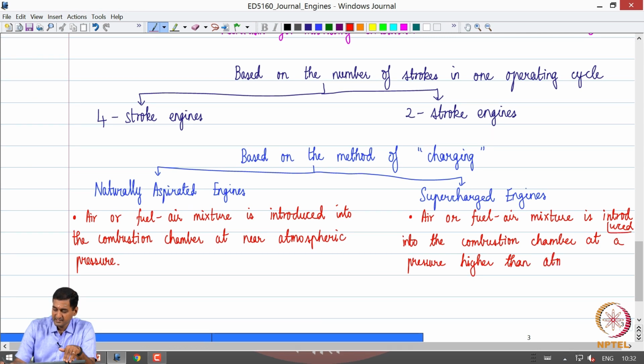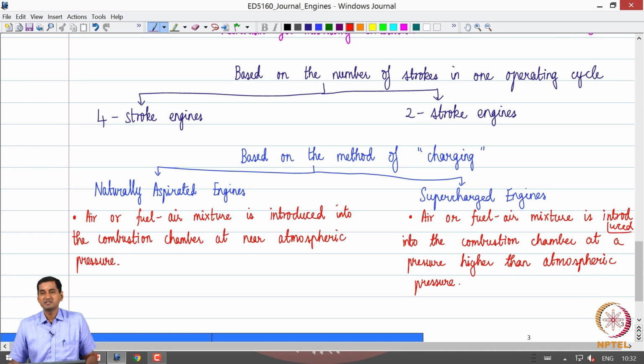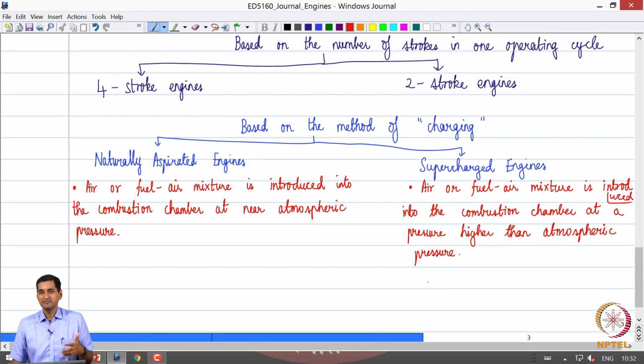Okay. So, that is the difference here. For example, we use a device called a turbocharger. Okay. So, we will look at that.